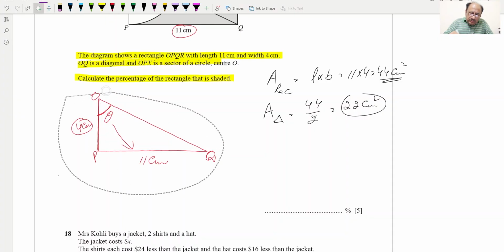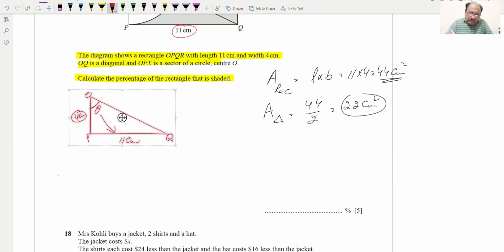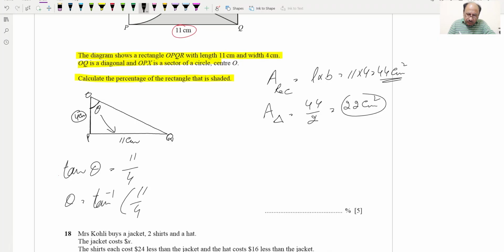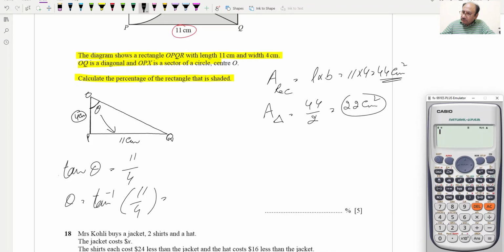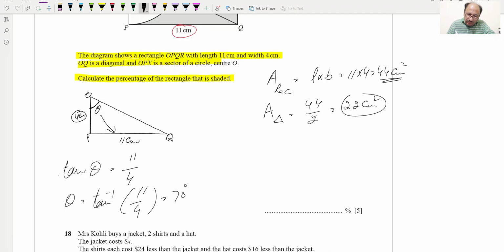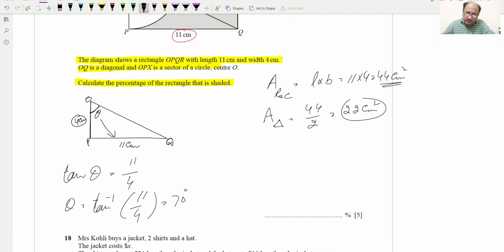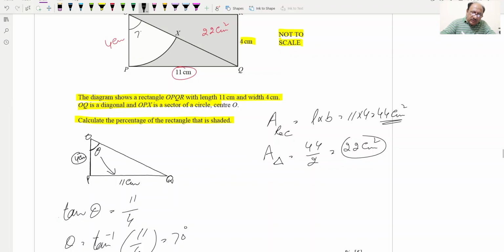So we can write tan theta is equal to 11 over 4, so theta will be equal to tan inverse of 11 over 4, and this is equal to 70.01, so 70 degrees. So we got this angle as 70 degrees.